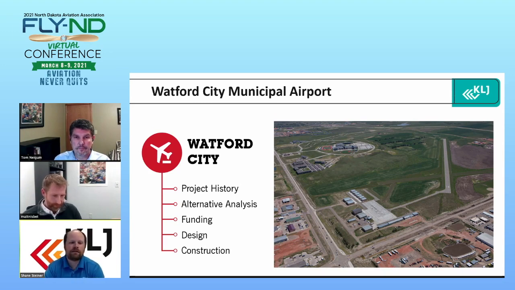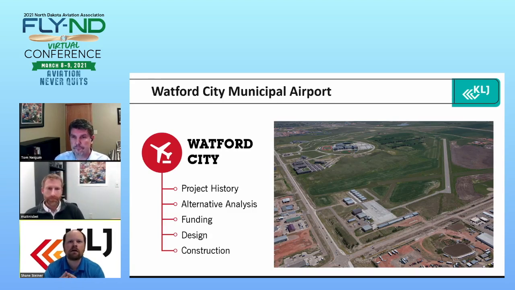The highlights that we wanted to hit with the project that we thought would be interesting for everybody to hear is to go through the project history and the different alternative analysis that we did. There were multiple, and some unique ones, especially for general aviation airports.